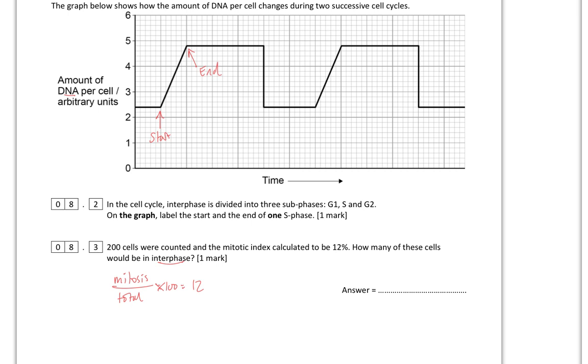So if 12% are in mitosis, that means that 100 minus 12 equals 88% in interphase. 200 multiplied by 88% equals 0.88 times 200 equals 176. So yeah, relatively easy. Most people got 0.2 and 0.3 right.